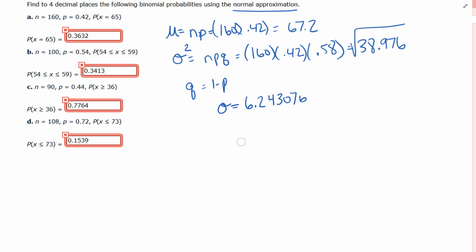So if I want to know the probability that x equals 65, I have to convert that to a z-score, and I have to account for continuity.